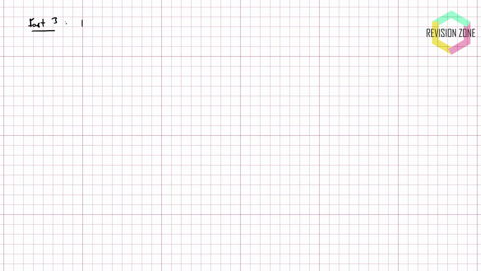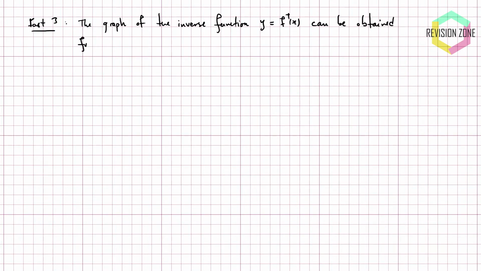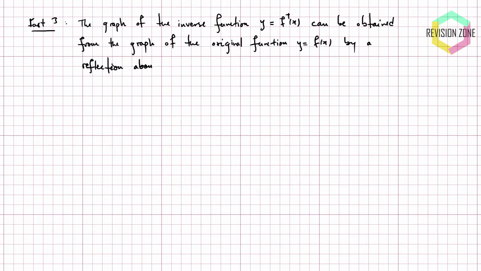The graph of the inverse function can be obtained from the graph of the original function by a reflection about the line y equals x.